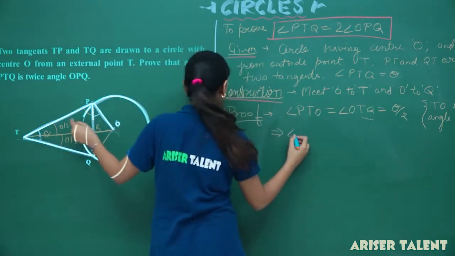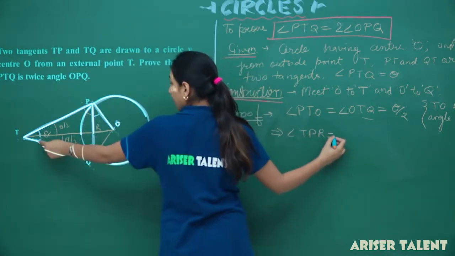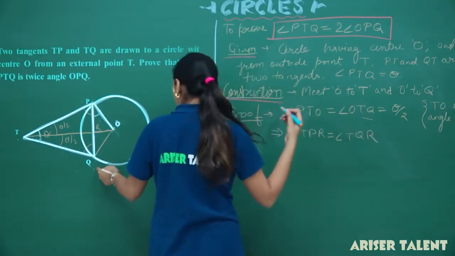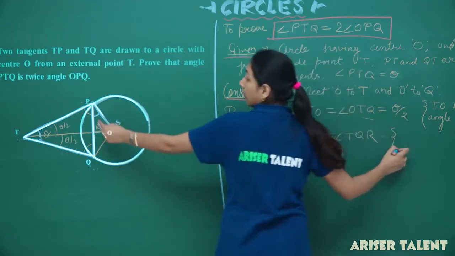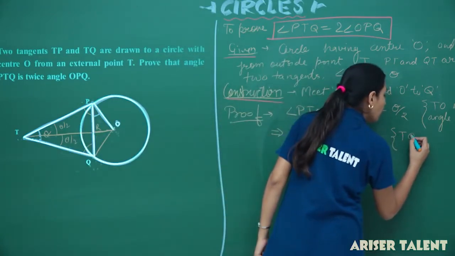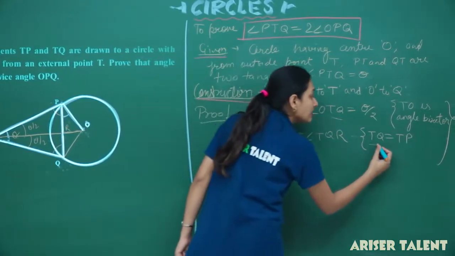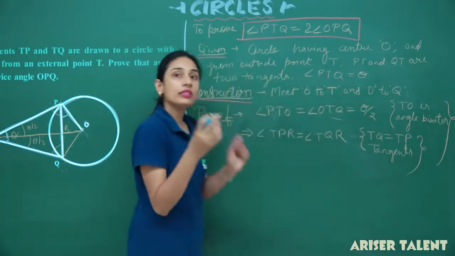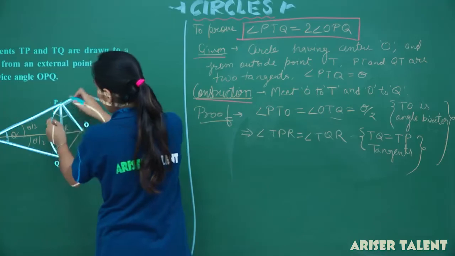I am saying angle TPR equals angle TQR, because TQ equals TP. Why is it so? They are tangents, and tangents from the same point are equal. So I have concluded that this angle is equal to this angle.